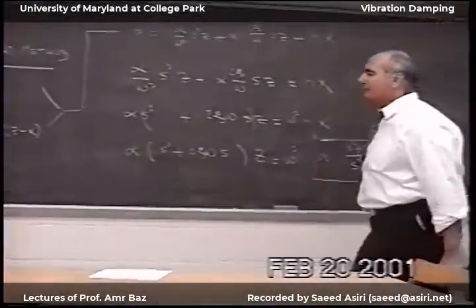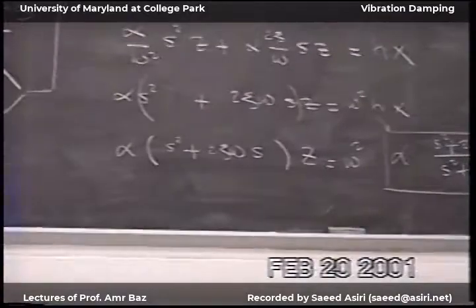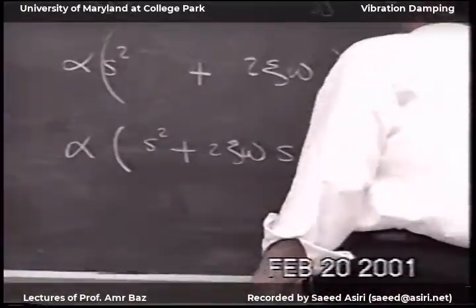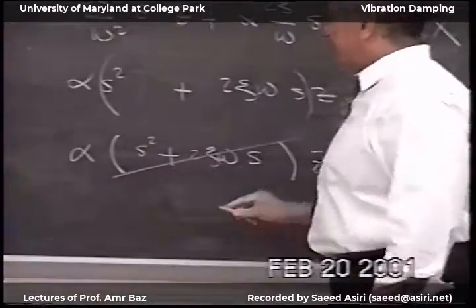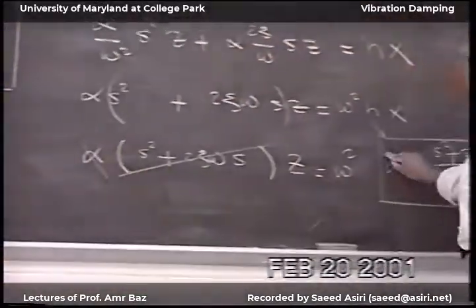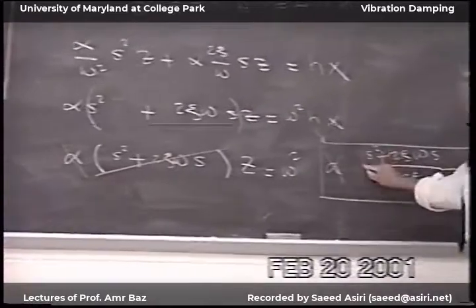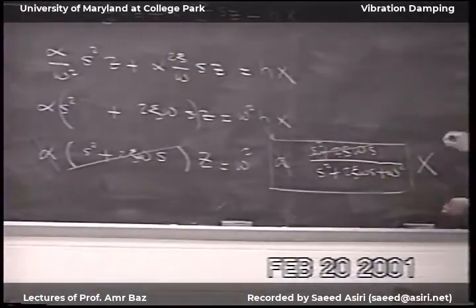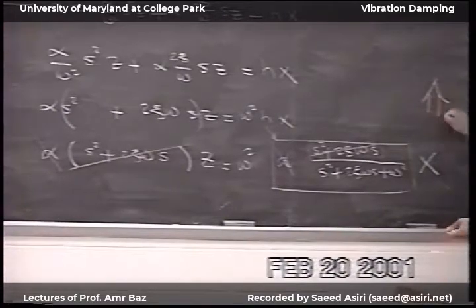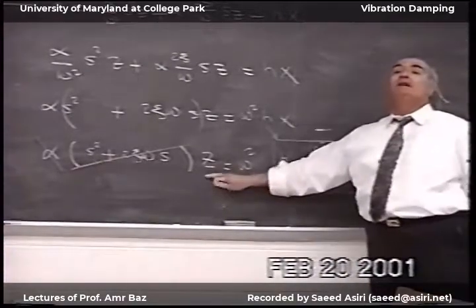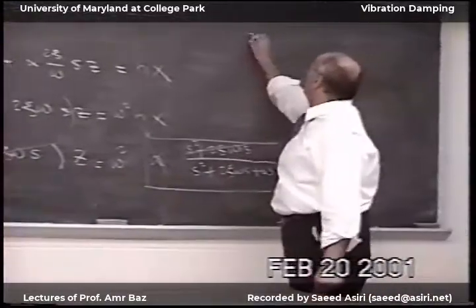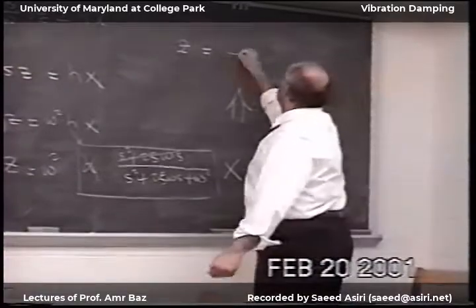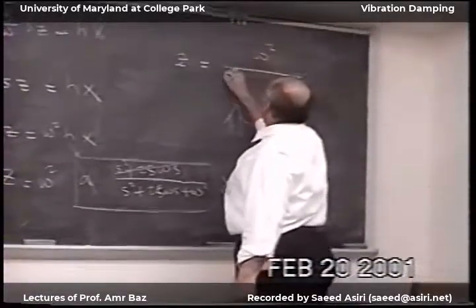Now if you look at this equation, I can drop this term, and this alpha with this alpha and this term, and this will give us what is left on the left hand side is z, and what is remaining on the right hand side is omega squared.